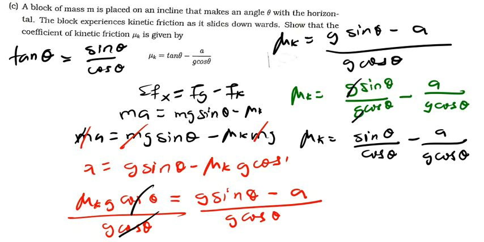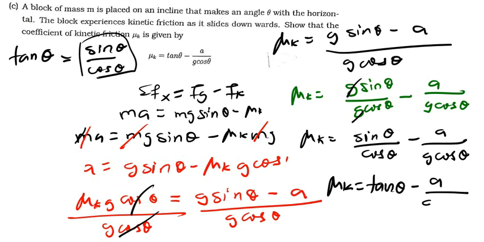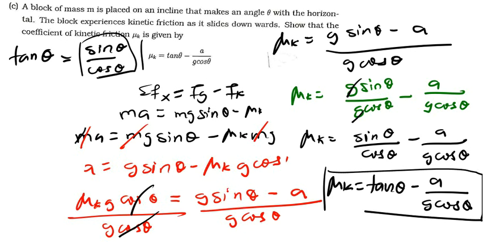So I'm going to replace where there is sine theta divided by cos theta with tan theta. So mu k is equal to tan theta minus a over g cos theta. This is exactly as this, hence shown. So that's the basic idea behind incline when it comes to such type of question.